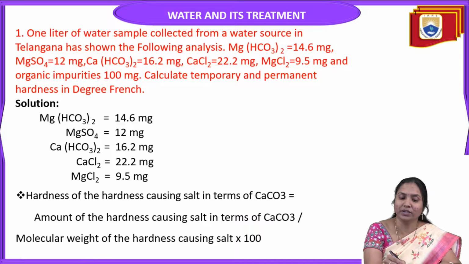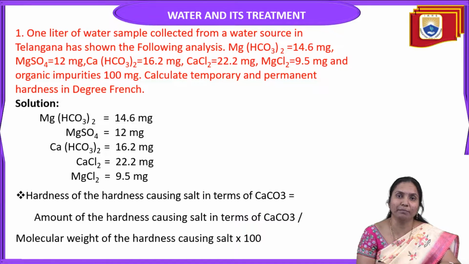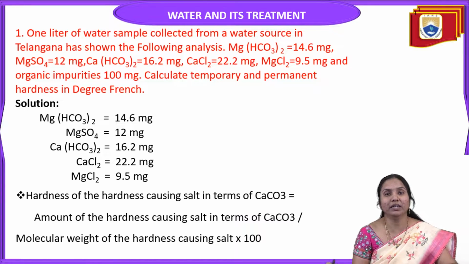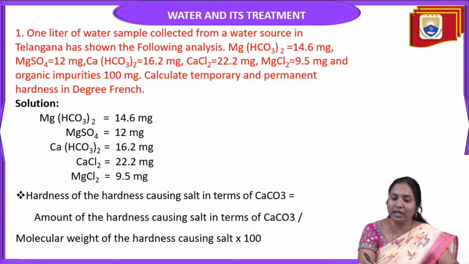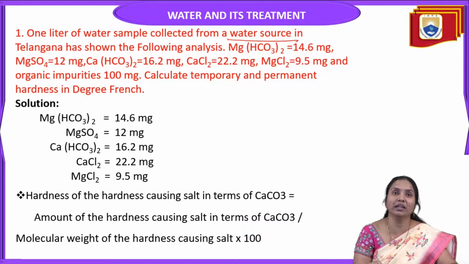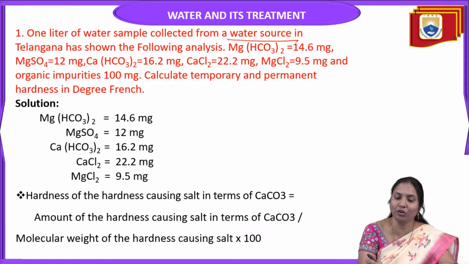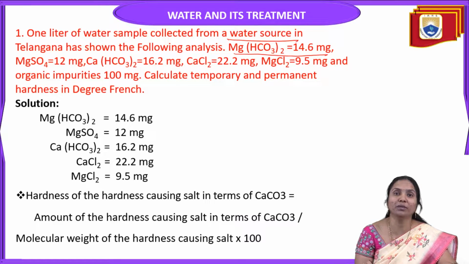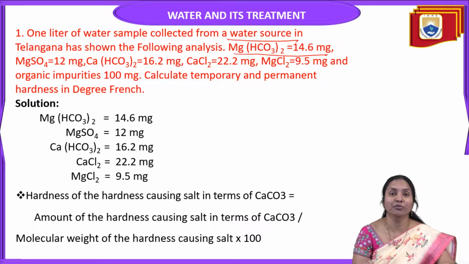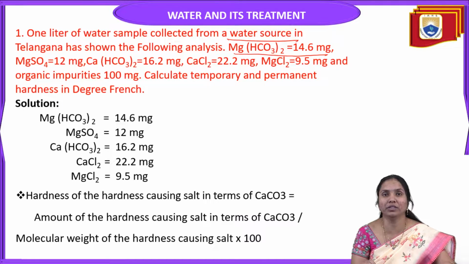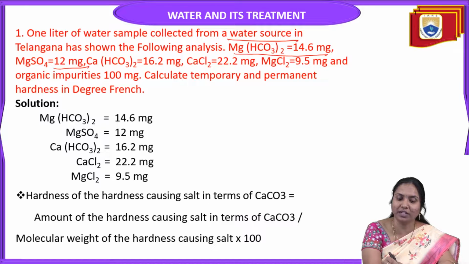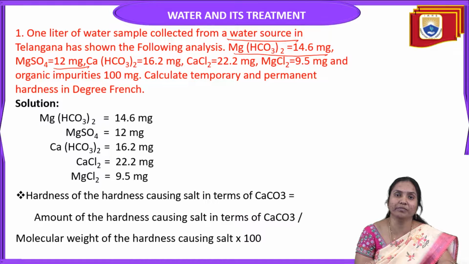The first one: 1 liter of water sample collected from a water source in Telangana has shown the following analysis. According to this data, magnesium carbonate is 14.6 milligrams, magnesium bicarbonate is 14.6 milligrams, and magnesium sulfate is 12 milligrams.